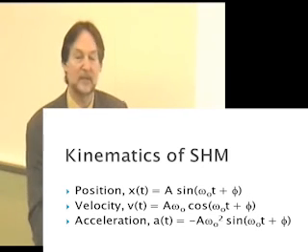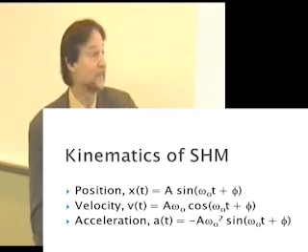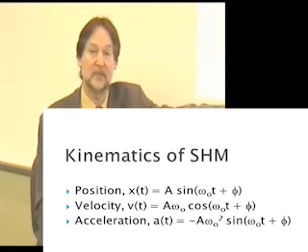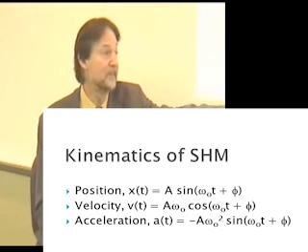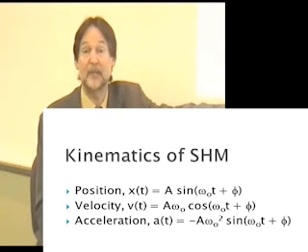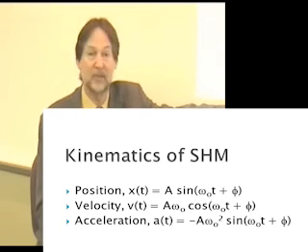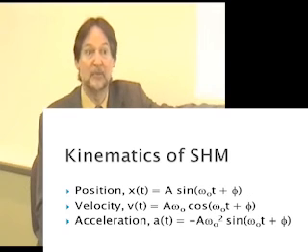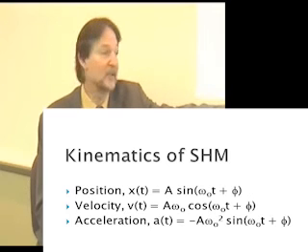Notice again that the acceleration is not constant, right? Up till now, in our linear kinematics and our rotational motion, the acceleration was constant. A was, for example, 9.8 meters per second squared, or in rotational motion, alpha was a given number, like 3.5 radians per second squared.